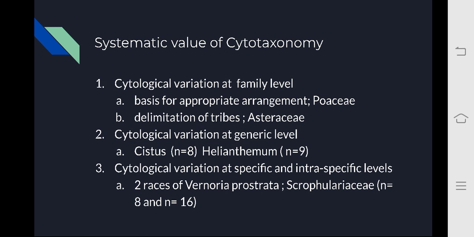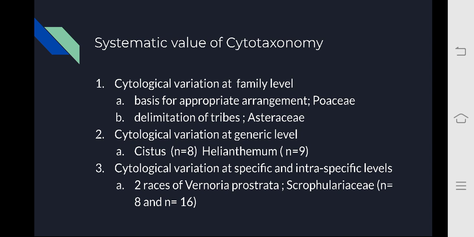The third category is the cytological variations at specific and intraspecific levels. The example is the case of two races of Veronica prostrata of the family Scrophulariaceae.